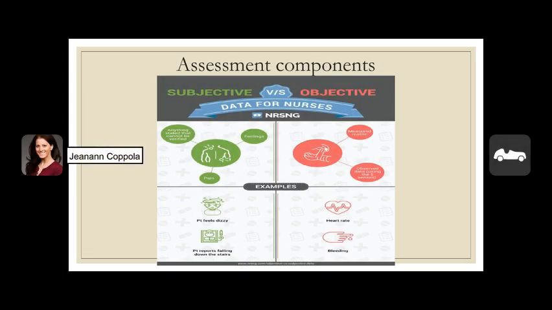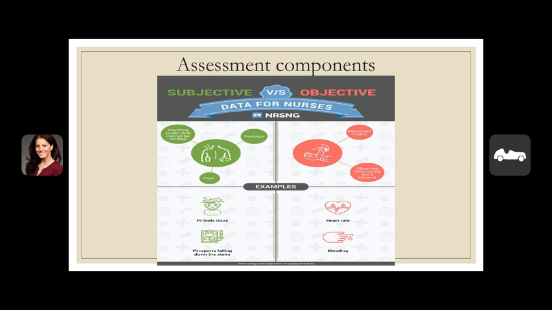So in the previous slide, I mentioned the words subjective as well as objective data. It's very important to understand the differences between subjective and objective data. Just by this example alone, this picture gives you an idea as to what the differences are.